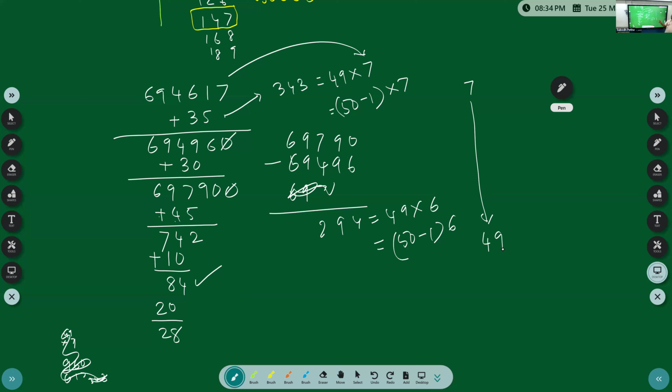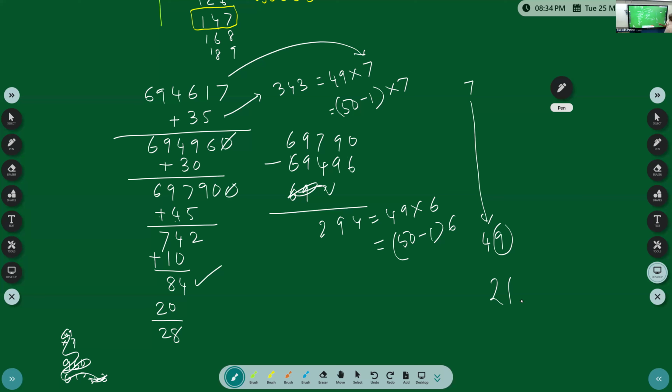Right? So where does that multiply by 5 come from? It comes from 49. 49 is 1 less than 50. So unit place 9 in the table of 7 and unit place 1 in the table of 7 are the backbone. These two numbers are the backbone for both these divisibility tests.